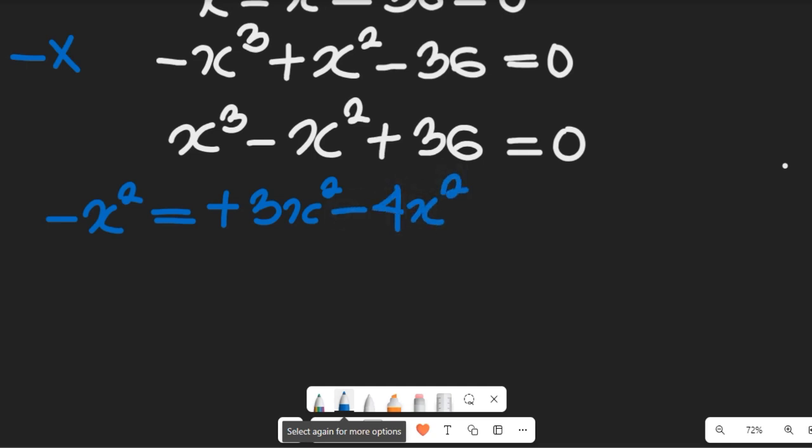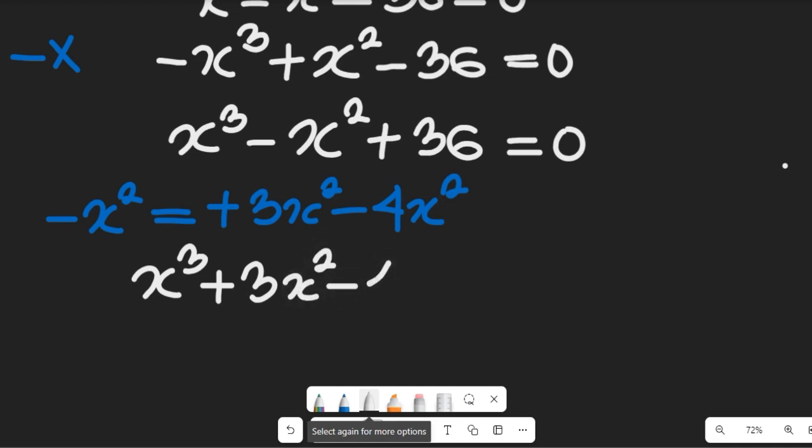Now if I simplify this, what do I have? I'm going to have negative x squared. So I'll apply it into that expression as x to the power of 3 plus 3x squared minus 4x squared plus 36, and this will be equal to 0.